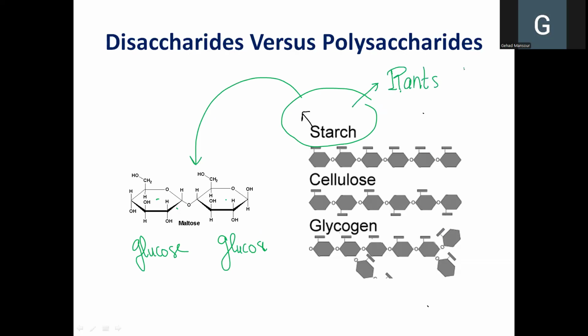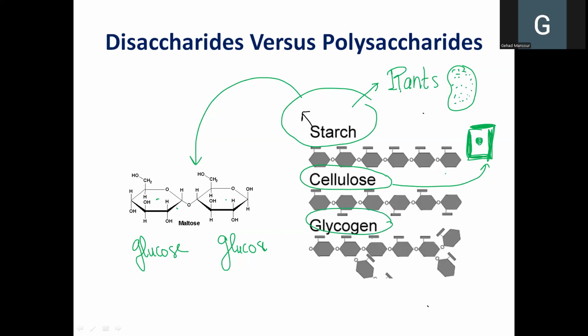So inside a potato or a sweet potato, the extra carbohydrates are stored as starch. Cellulose is another polysaccharide, but it is present only in the cell walls of plant cells.